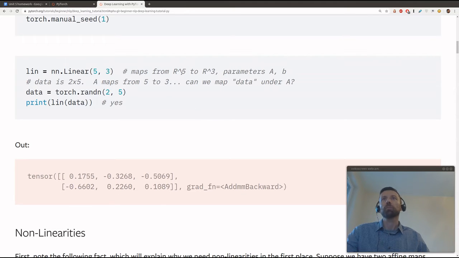Then you have this mapping from 300 inputs to 5 outputs. So here we have 5 inputs and 3 outputs. This dimensionality is important so that the shapes of the tensors match.